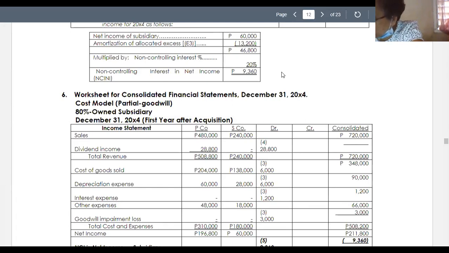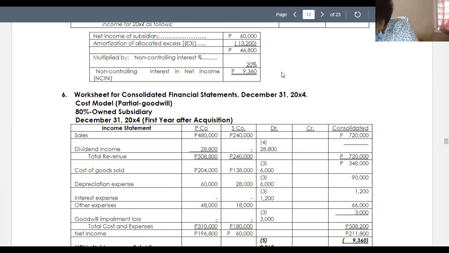So depreciation, 60,000, add 28,000, and then we are debiting 6,000. Okay? So that will give you a total of how much?